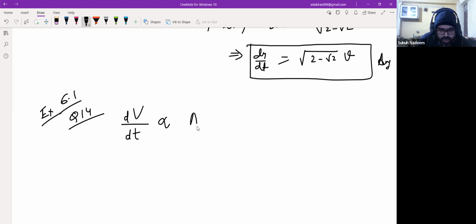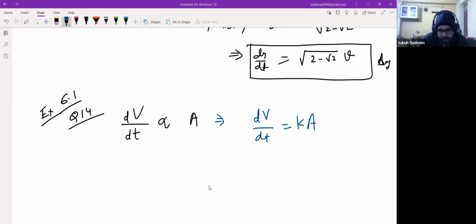Now decreasing, so it will be minus, or minus can be accommodated in the constant, that is dV by dt is proportional to A, which means dV by dt is equal to KA. If you change proportionality to equal to, a constant comes into play. Is it okay? Yes, sir.